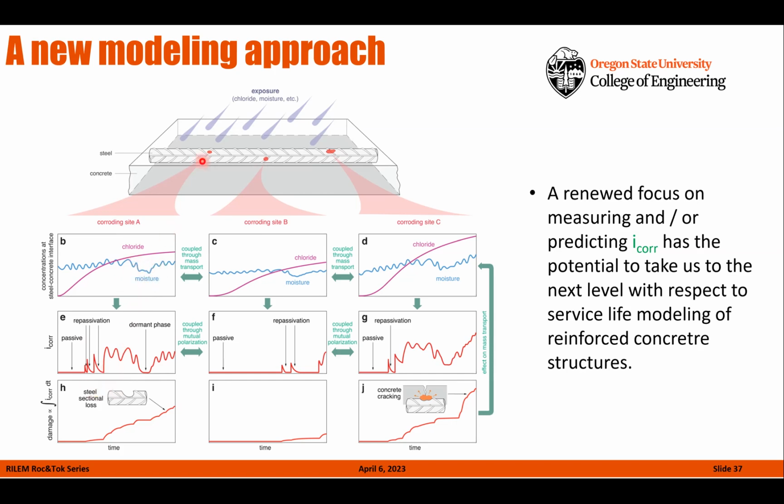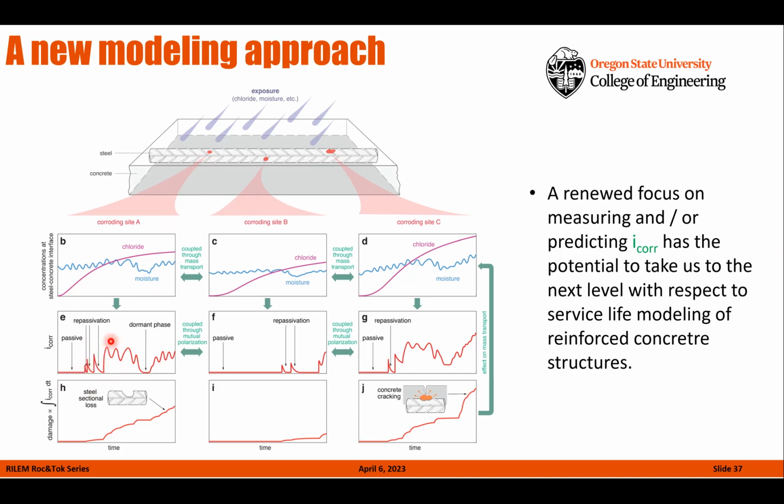Now, in this plot, for example, at point A, you can see that there's a passive region. Chlorides increase over time, maybe exceed the threshold level, so you get some active corrosion, but maybe the moisture content drops. Although chlorides are high, you might see a very low corrosion afterwards.